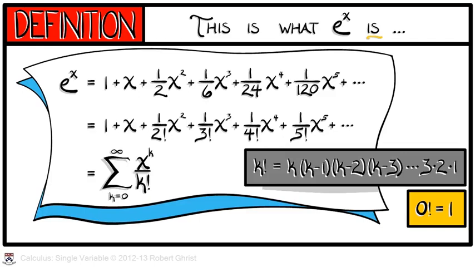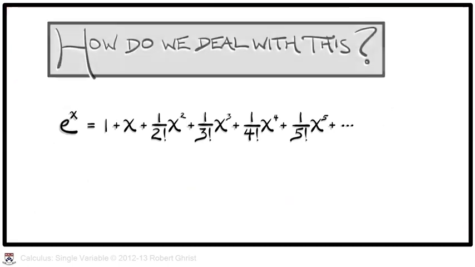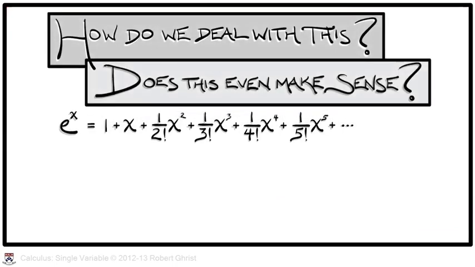This is a formula that you are going to want to memorize, as we will be using it throughout this course. Well, definitions may be nice, but what do we do with it? How do we deal with this statement? How do we even make sense of this infinite sum?